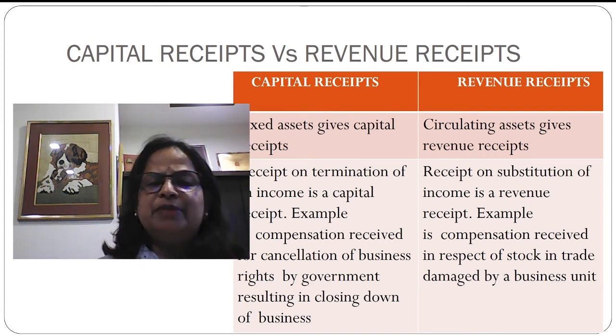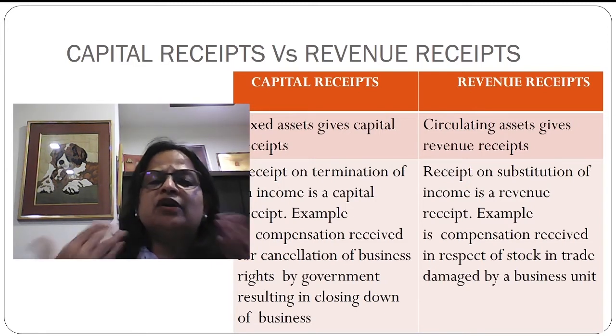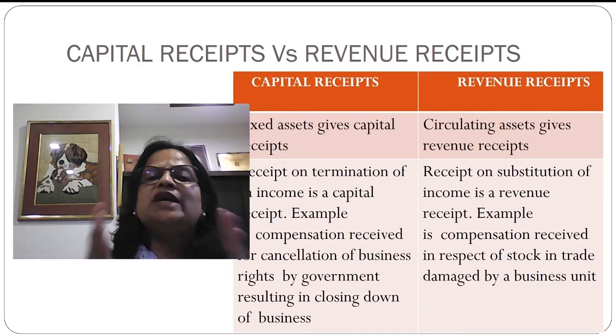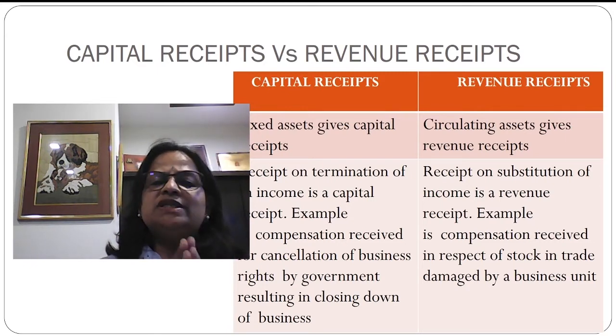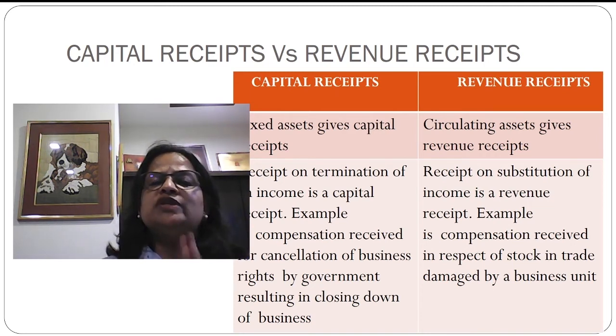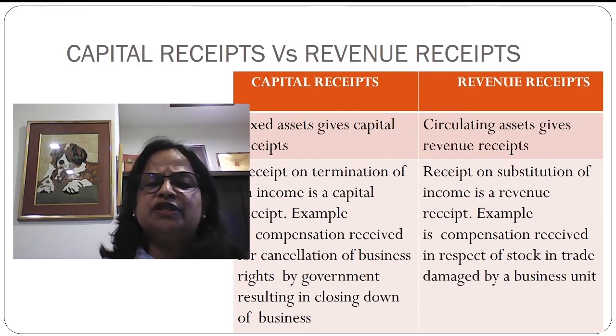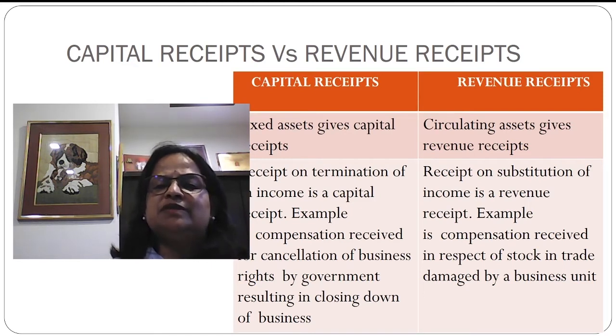So some companies, Maharashtra government, Andhra government, which got contracts with Chinese companies, they cancelled that. Another example is Indian Railways got a contract with a Chinese company. So that also they cancelled. So these are termination of income. That contract is terminated there. It is not going to work. So it's a capital receipt. Termination of income. If there is a compensation clause, they will get that compensation. So it will be a capital receipt.